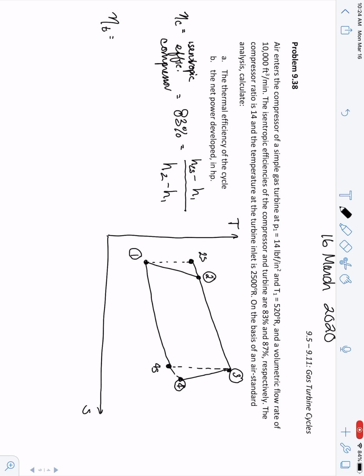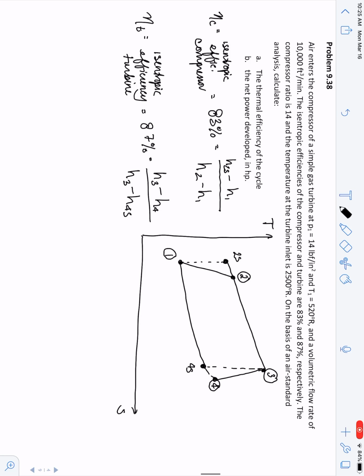The isentropic efficiency for the turbine, which we're given as 87%, is the actual change in enthalpy, h3 minus h4, in the numerator, divided by h3 minus h4s in the denominator. So we're going to use that information in our problem.